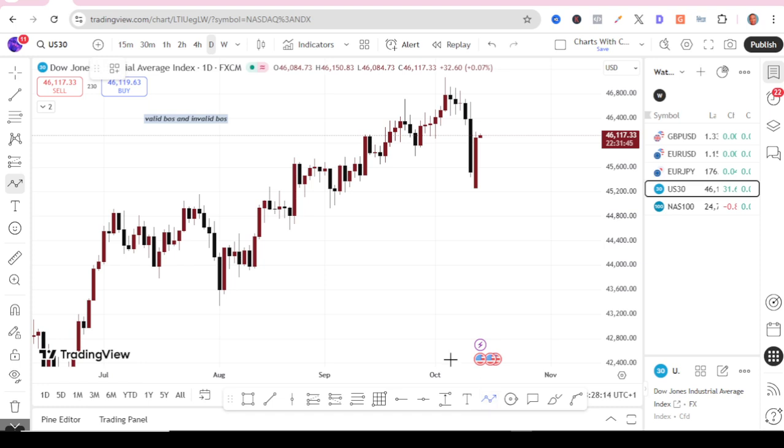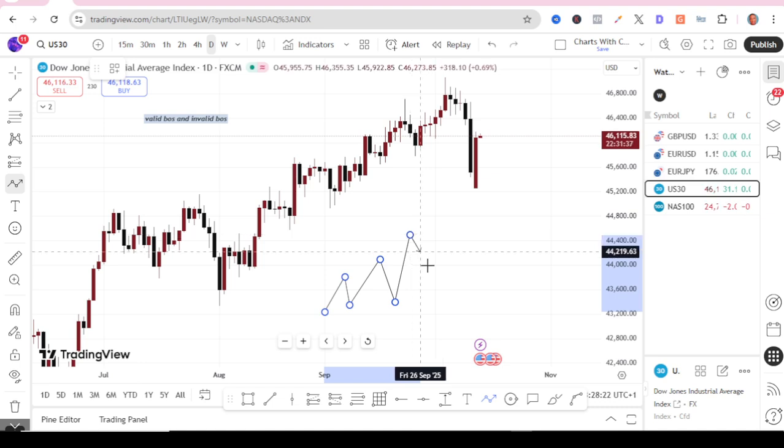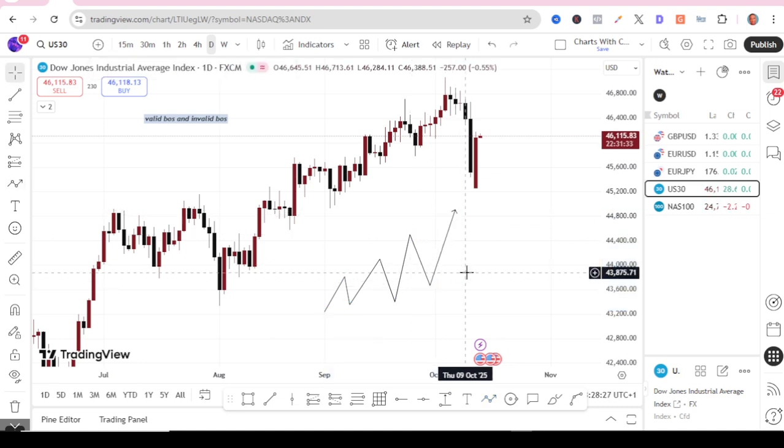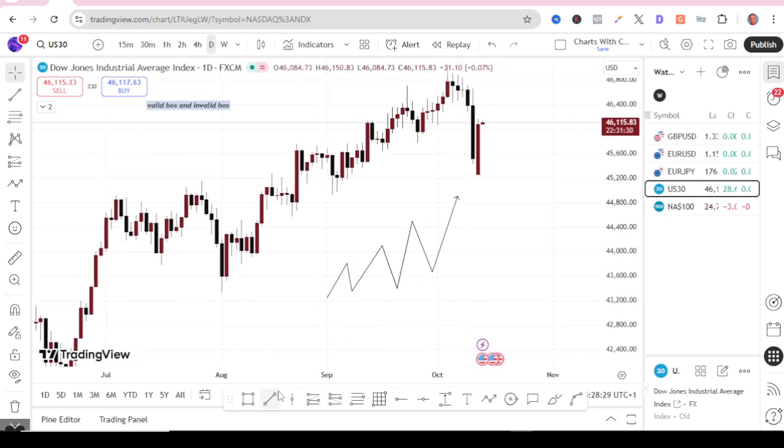So basically you have this as a high, this as a low, this as a high, this as a low, this as a high, this as a low, and this as a high, right? So I'll have price do this. We'll call this a break of structure.